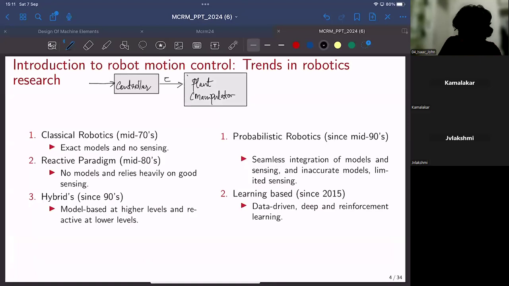And we can estimate the signals coming out of the manipulator using sensors. Whatever signal is coming from the sensors, we usually call it the feedback signal.